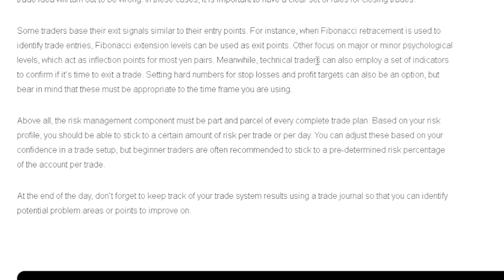Meanwhile, technical traders can also employ a set of indicators to confirm if it's time to exit a trade. Setting hard numbers for stop losses and profit targets can also be an option, but bear in mind that this must be appropriate to the time frame you are using.